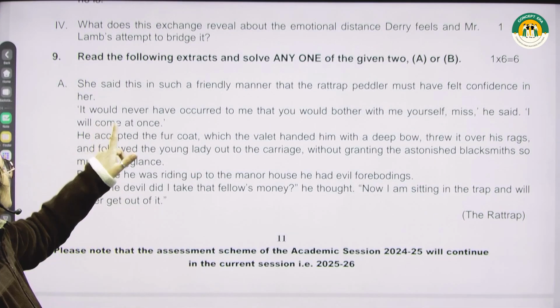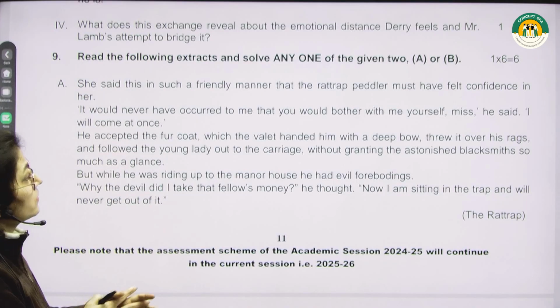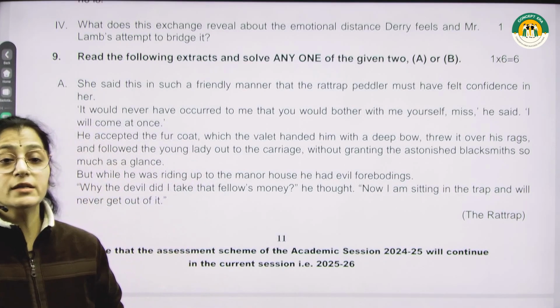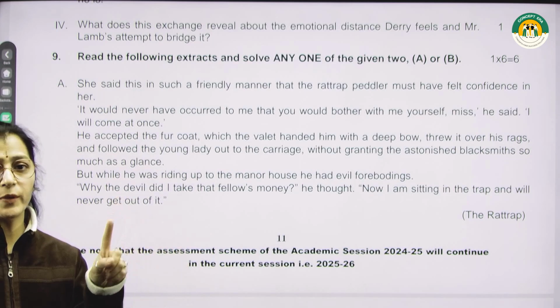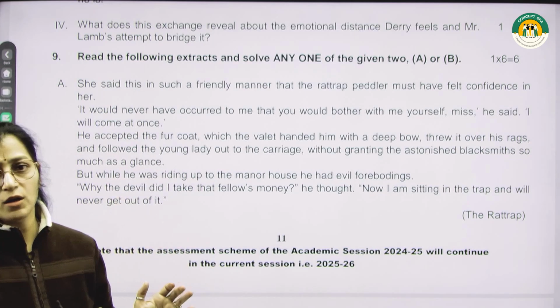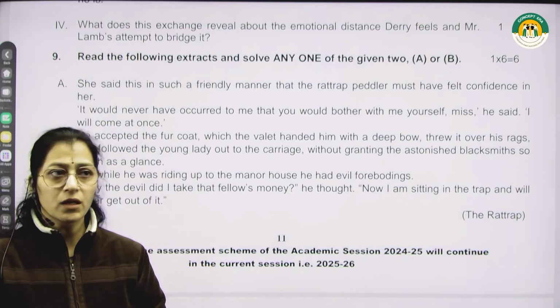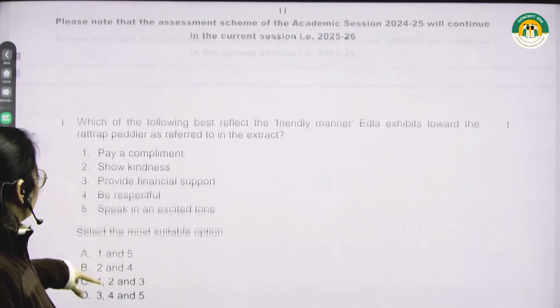Now see, she said this in such a friendly manner that the rat trap peddler must have felt confidence in her. What did she say? She was persuading him to go with her to the manor so that they could enjoy Christmas.